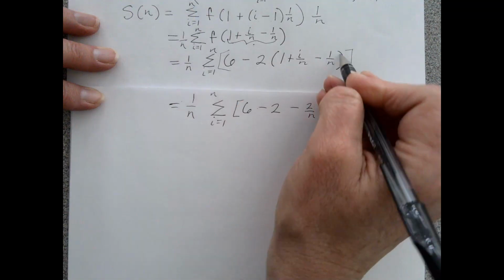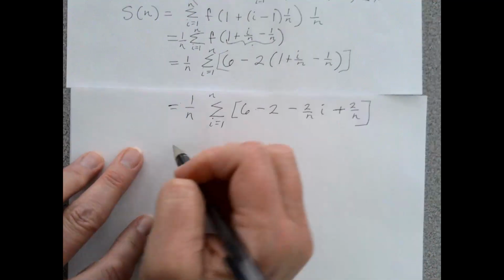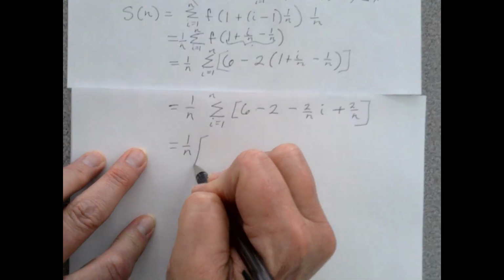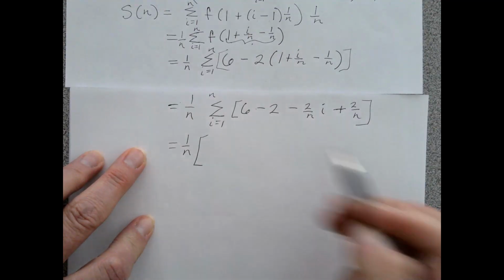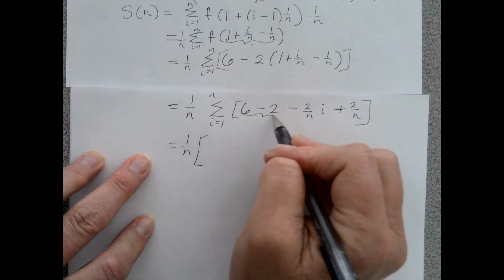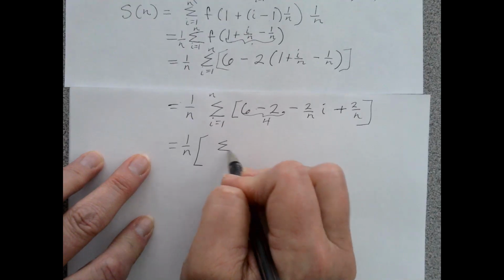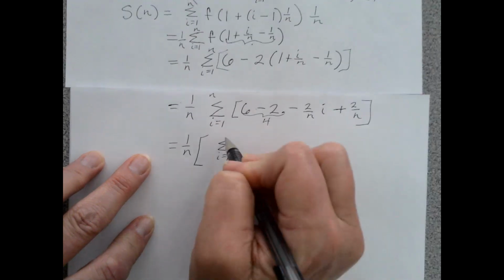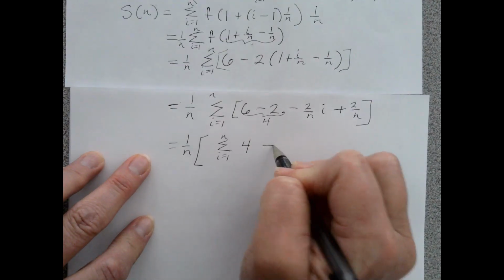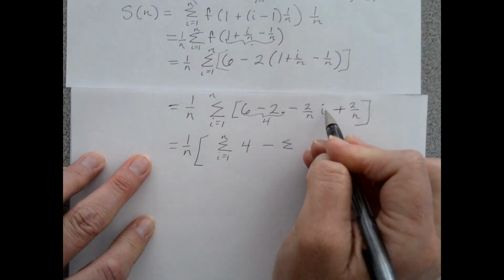Negative 2 times negative 1 over n, 2 over n. Okay, so then I have the 1 over n in front. Okay, and then I'm going to, 6 minus 2 is 4, right? So I'm going to have summation i equals 1 to n of 4 minus summation of 2 over n times i.